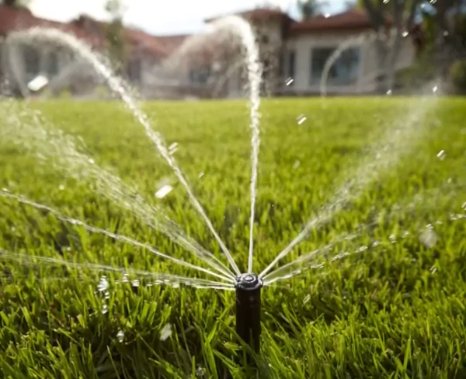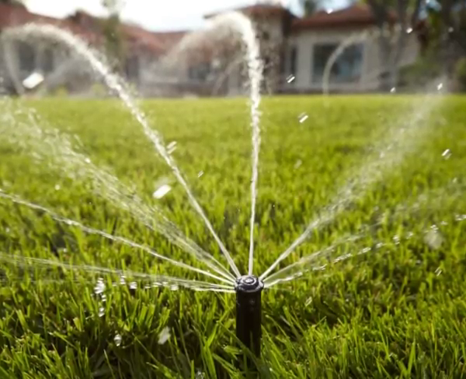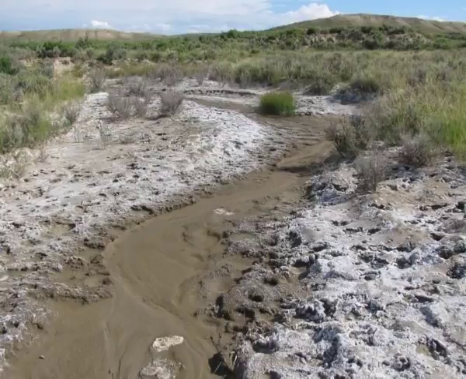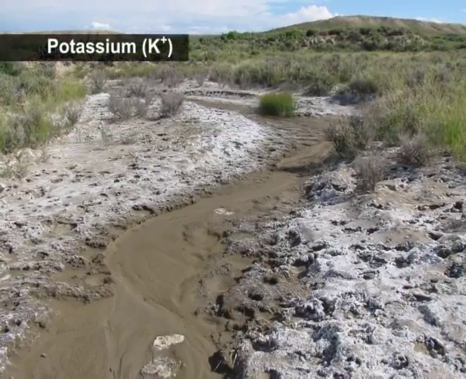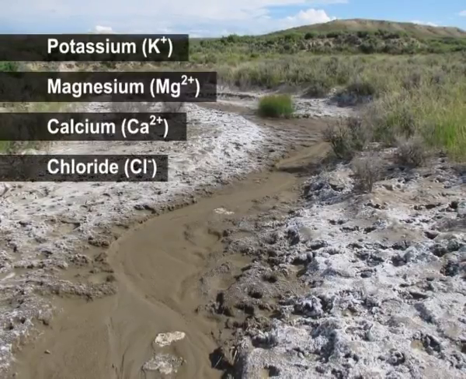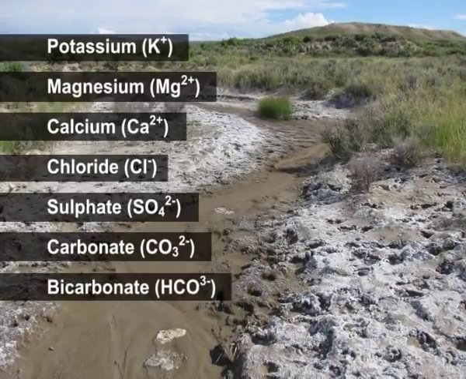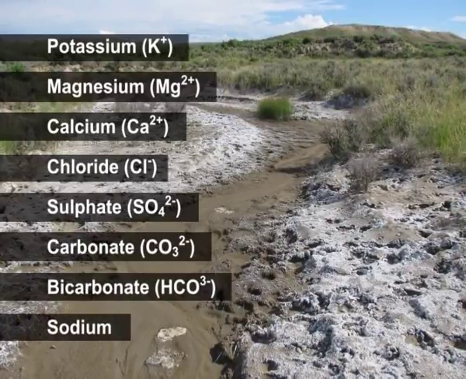It can also come about through artificial processes such as irrigation. These salts include potassium, magnesium, calcium, chloride, sulfate, carbonate, bicarbonate and sodium.